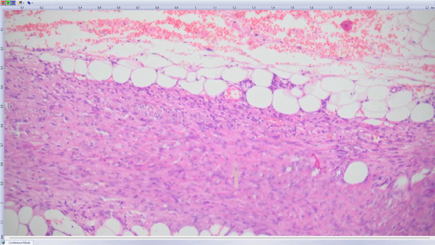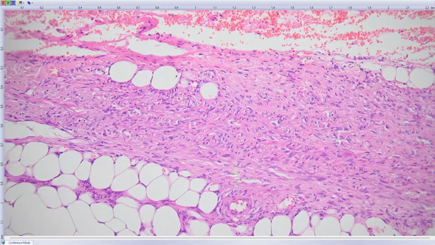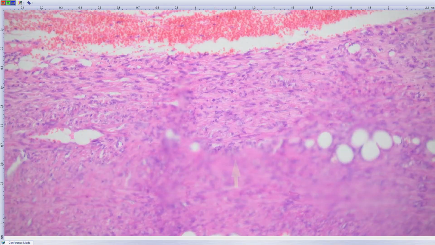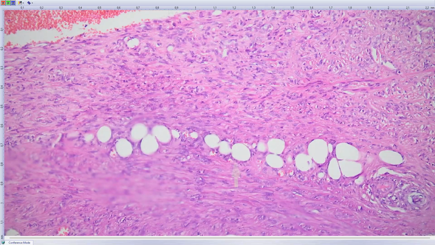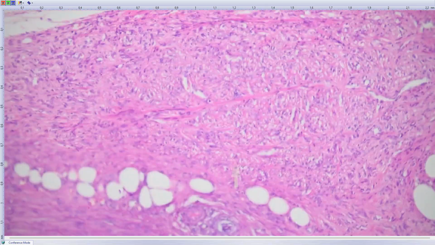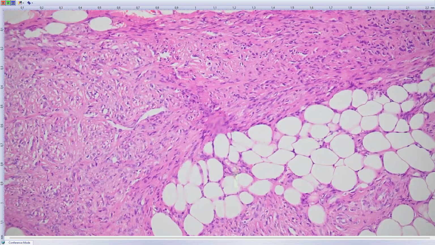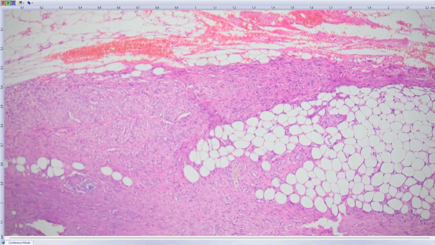You can see quite a few mitoses here and there, so this is definitely something atypical in this setting. Old patient, face location, and actinic damage of the skin.